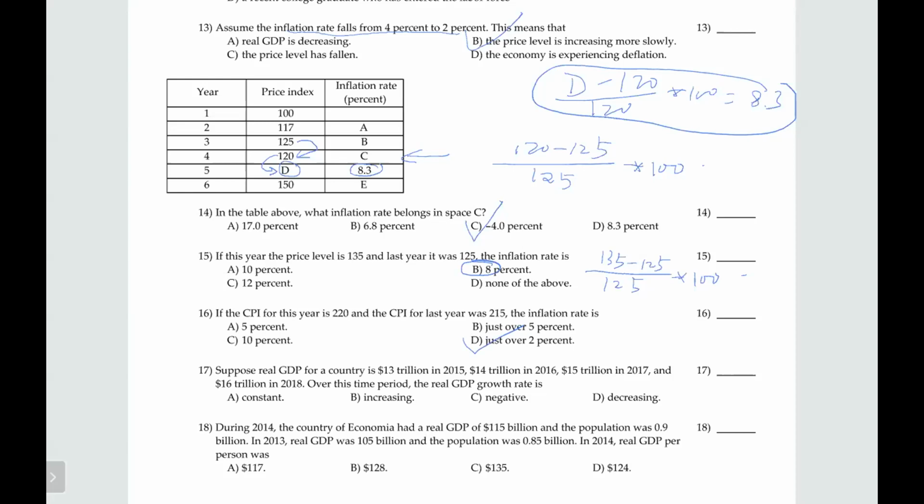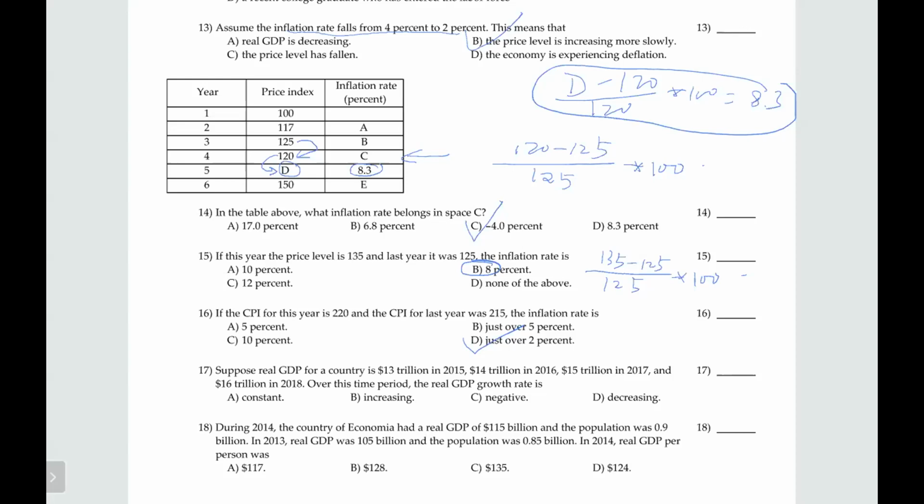17. Suppose real GDP for a country is 13 trillion in 2015, 14 in 2016, 15 in 2017, and 16 in 2018. Over this time period, the real GDP growth rate is, okay, so here, this is a very tricky question, right?